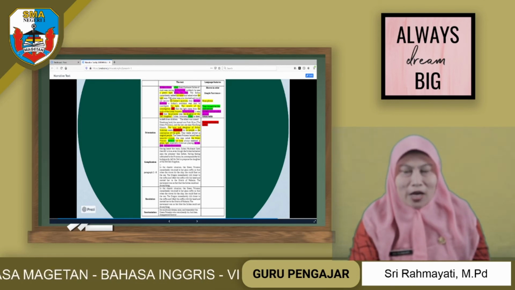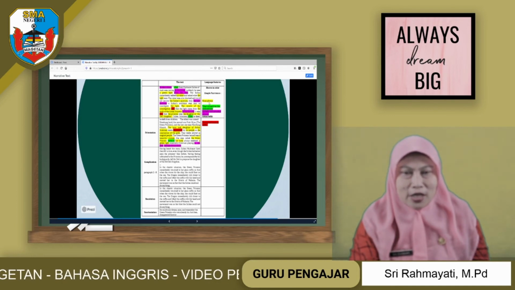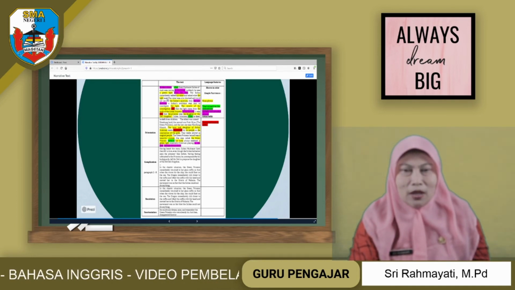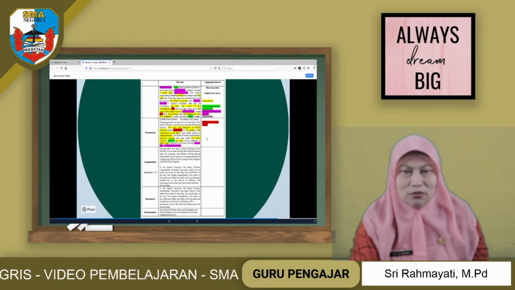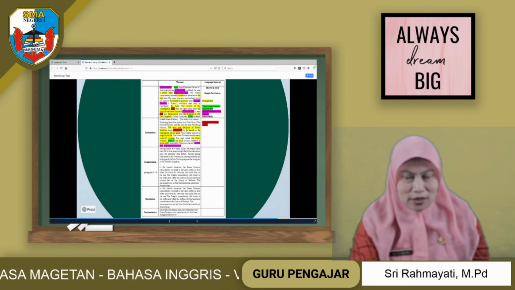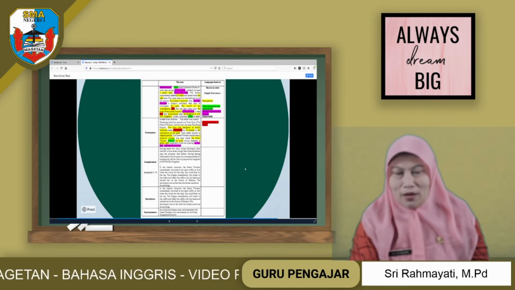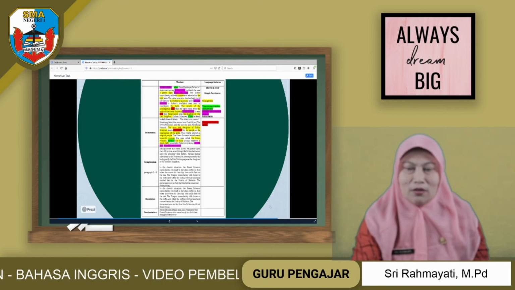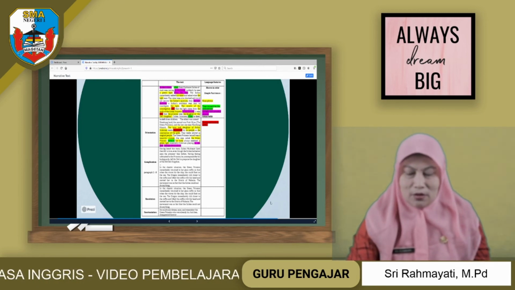And yellow shows noun phrases, for example, a green light, and so on. And red shows saying and thinking verbs, for example, said, considered, and so on. Okay?